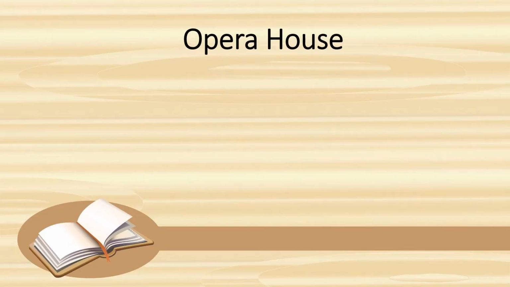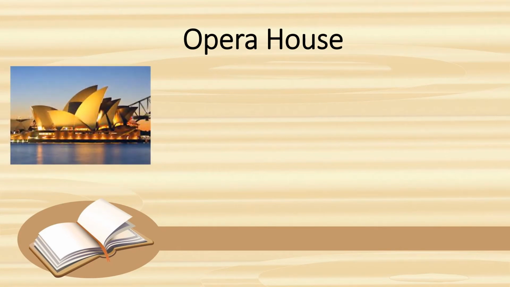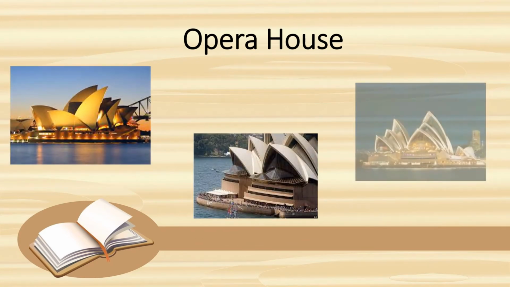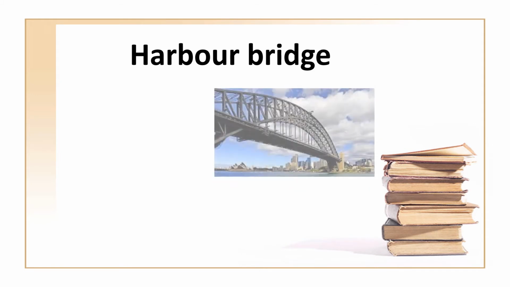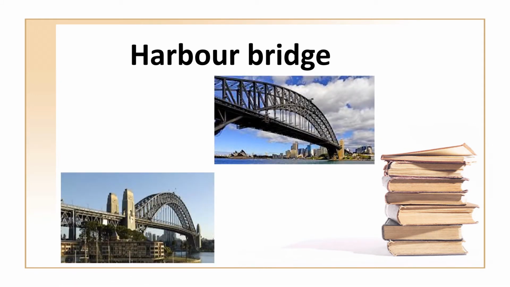We have also Opera House. So this is what we call Opera House, or it's a theater, wherein it's one of the famous opera house or theater in Australia. Next we have Harbour Bridge, wherein we can find this one in Australia at the same time. So it's Harbour Bridge.